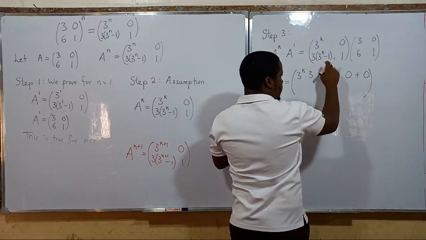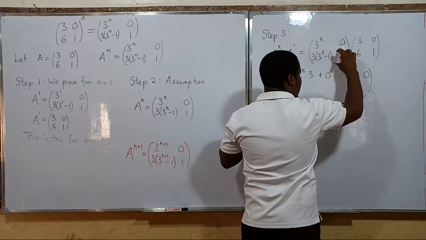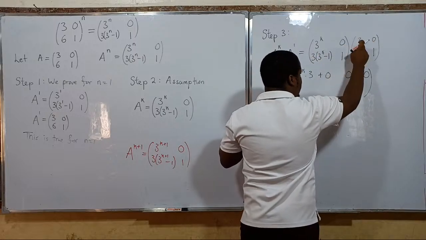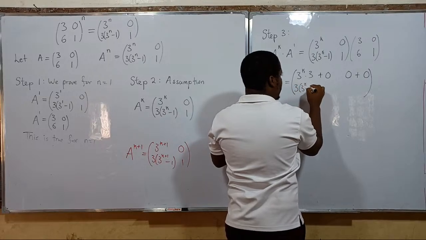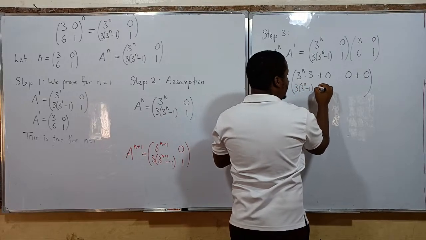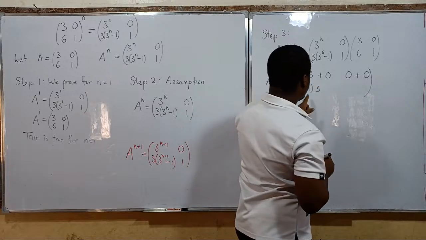This row times this column. So this times 3, what do we get? We get 3 to the k minus 1 multiplied by 3.